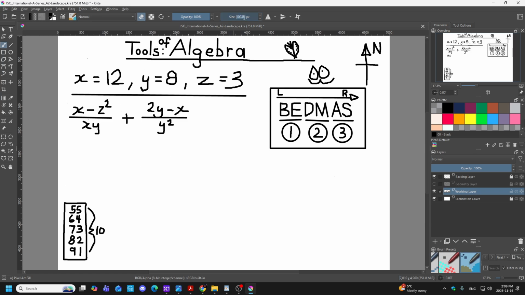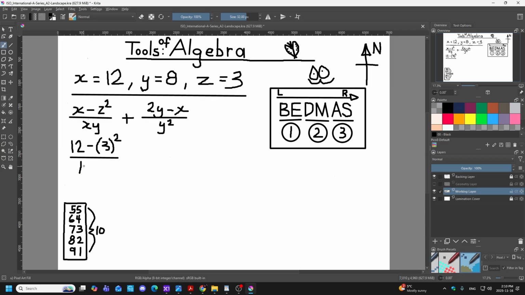Guess I gotta do this now. All right, let's continue. Substitution. X is 12. I'm going to try to condense this a little bit. I'm going to use parentheses. Z is 3 squared. That is all over x times y.